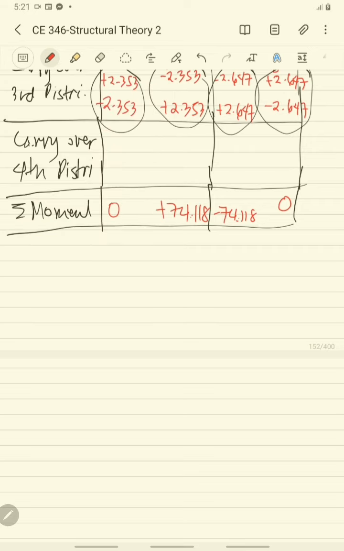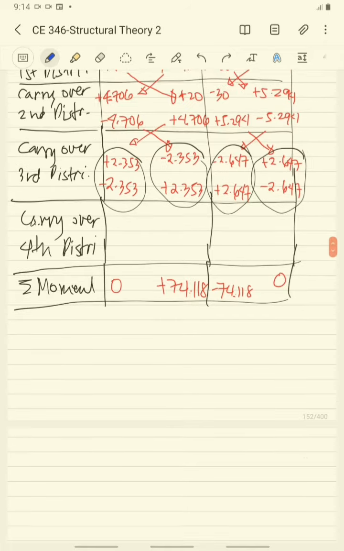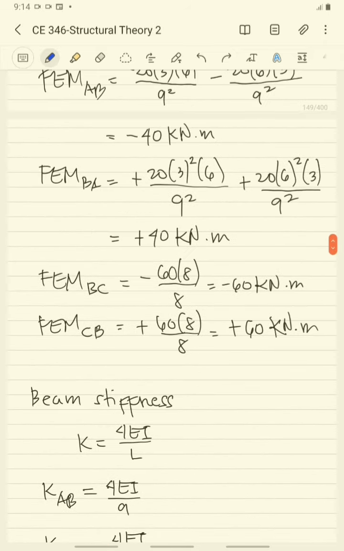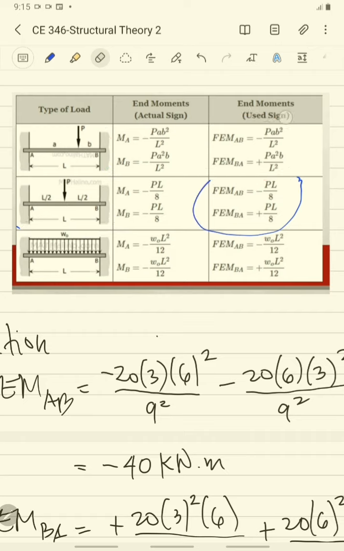Since we assume that the clockwise moment is positive and the counterclockwise moment is negative, for the fixed end moment AB we have negative, and for the fixed end moment BA we have positive.